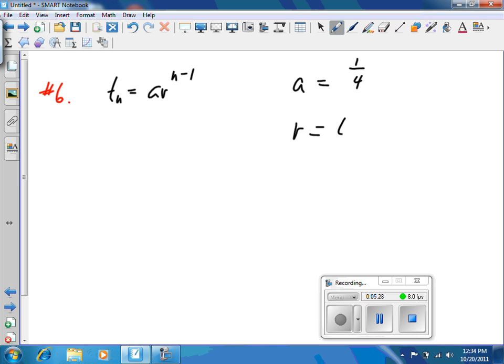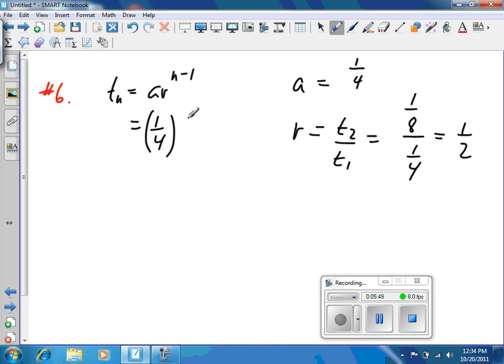Do I know R? I can find R by taking term 2 and dividing by term 1. So I get 1/8 divided by 1/4, which is 1/2. All right, so now if I want to find my general term, I go over here. A is 1/4 and R is 1/2, and it's all to the n minus 1. If you were doing this on a multiple choice format, you probably wouldn't find your answer among the 4 to choose from.